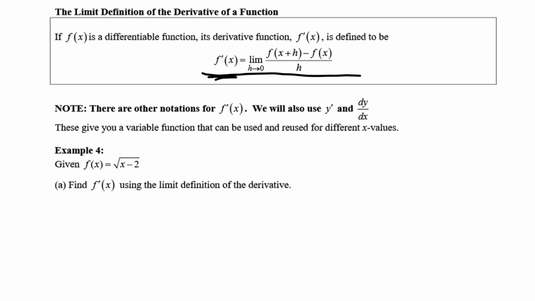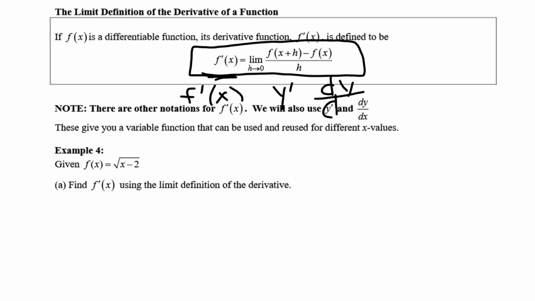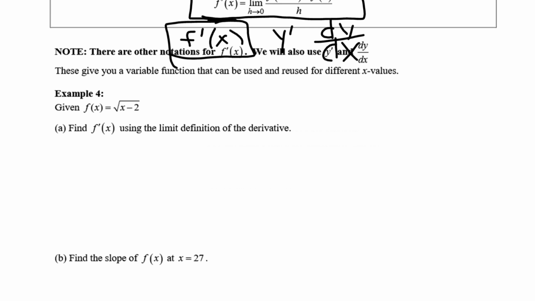This is the limit definition of a derivative, the basis of the first half of calculus. So we can say f prime of x. Later we'll just say y prime or dy/dx. They all mean the same thing, but for the first example, we'll stick with f prime of x so you won't be too scared.